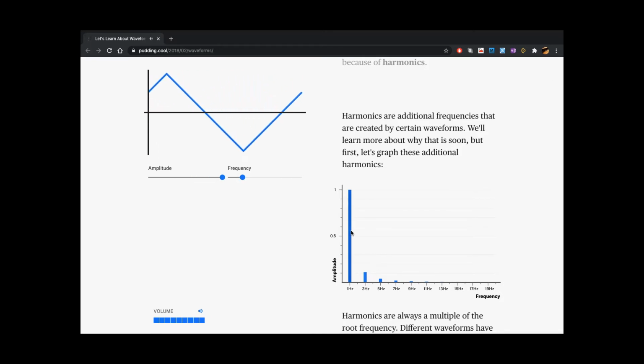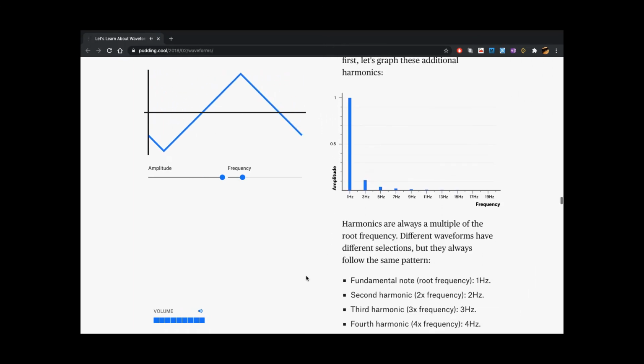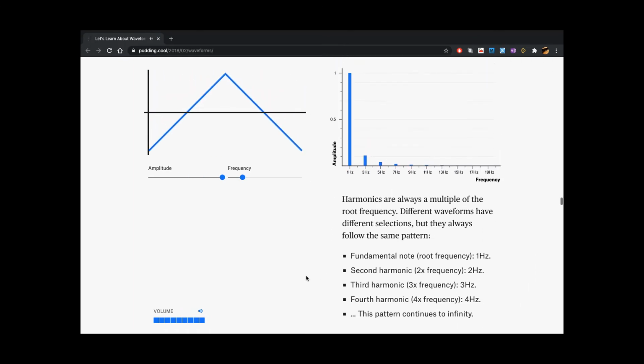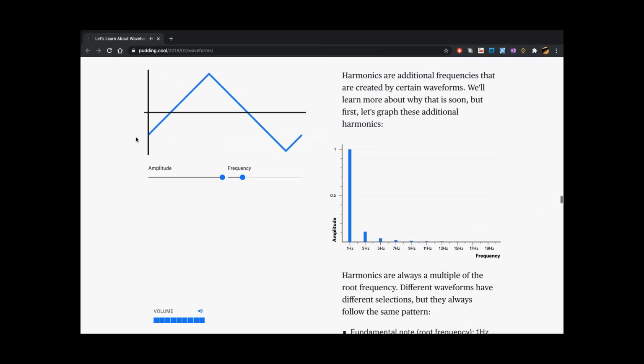I get this signal plus this signal of 3 Hertz plus some signal of 5 Hertz with a lower amplitude, of course. So this is a periodic signal with the same period of 1 Hertz, but there are harmonics, or higher multiples, of that fundamental frequency present.